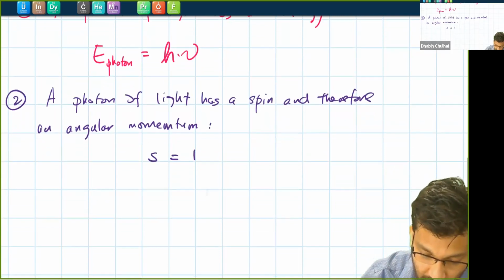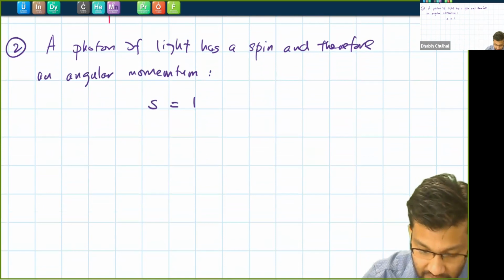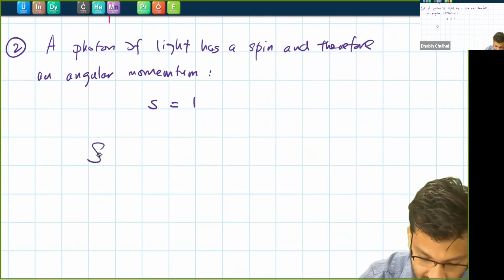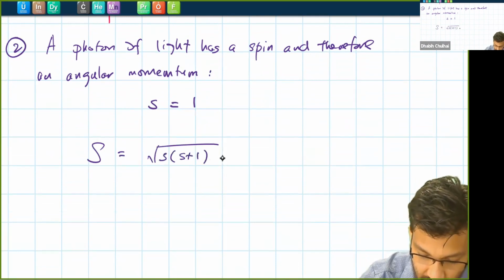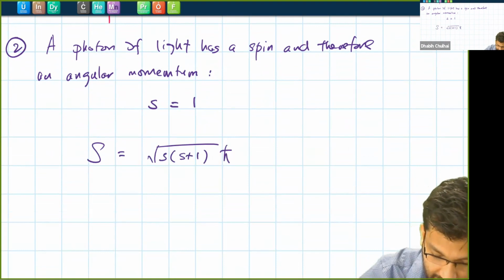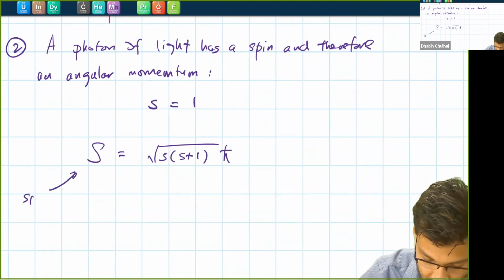So if it has a spin of one, it means it has an angular momentum, which is the square root of s times s plus 1 times h bar, right? That's the spin angular momentum.